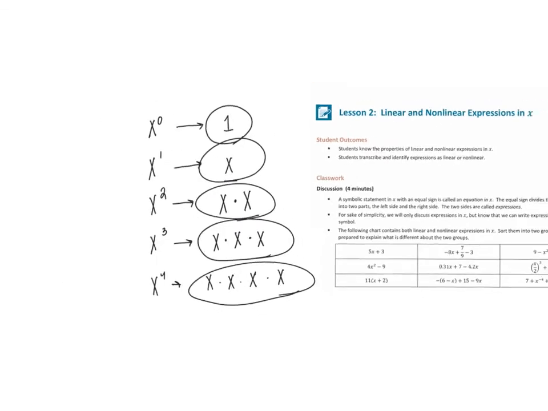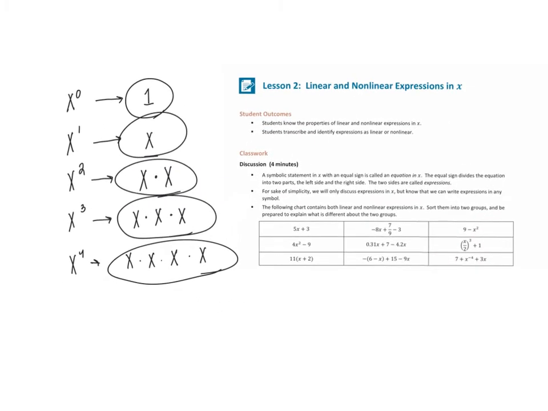Now, our rule today when it comes to linear and non-linear expressions is that anything that has x to the 0th power or x to the first power is linear. Again, anything that is raised to that power is linear.